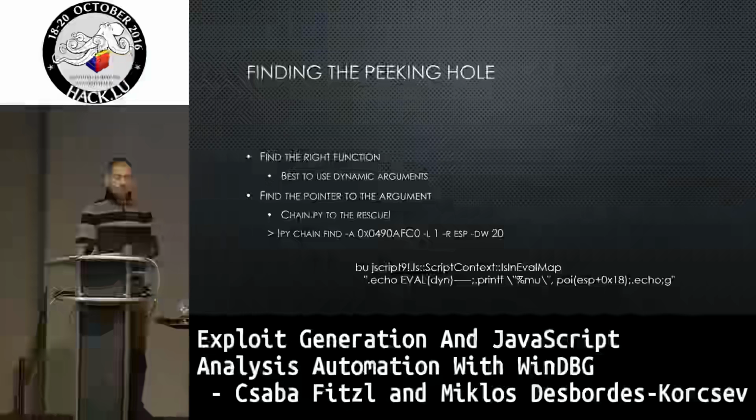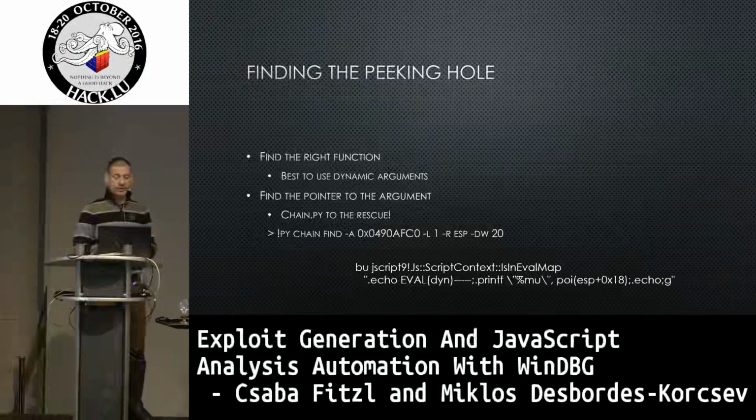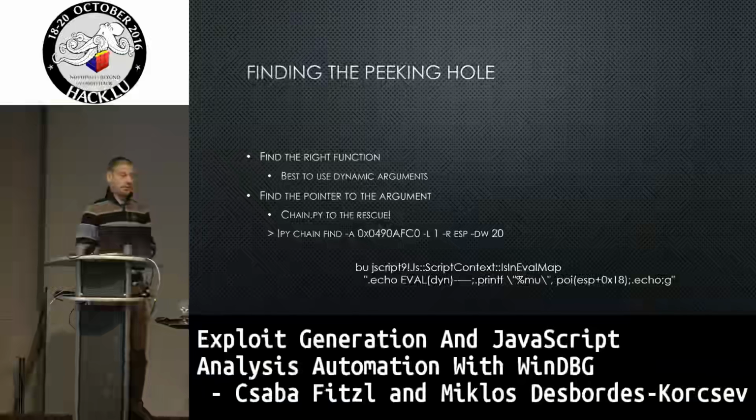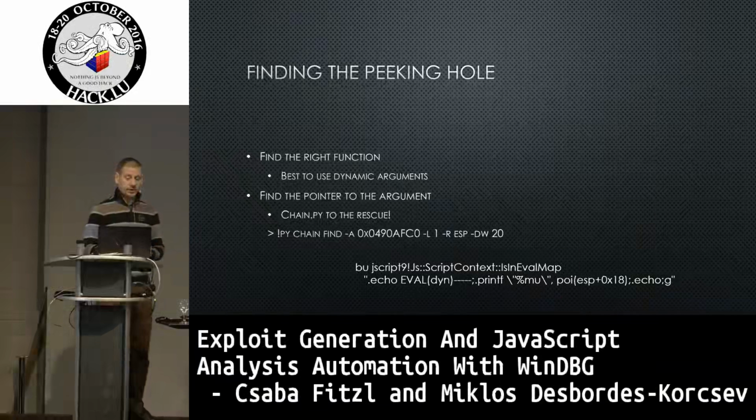This will help you in many cases. Most often you will use either the ESP register, since obviously most things are on the stack, or in certain cases the ECX register, which contains a pointer to this.